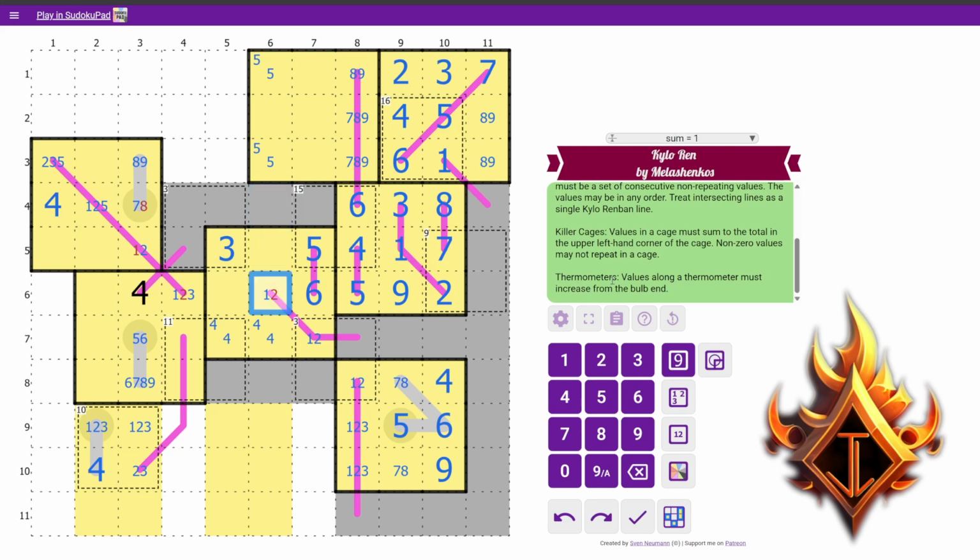That was a lot. This is now 1. This is now 3. This is now 2. This is not 2. This is not 2. This is not 3. So that is 5. That is 1. That is 7.